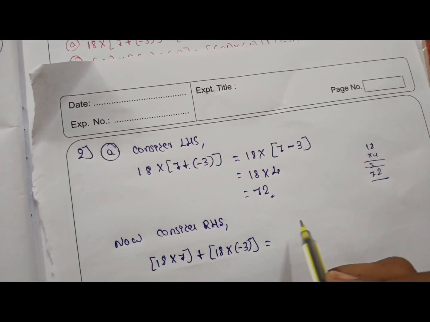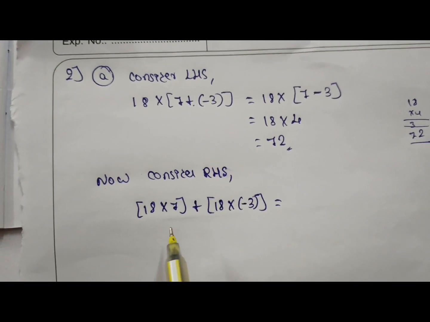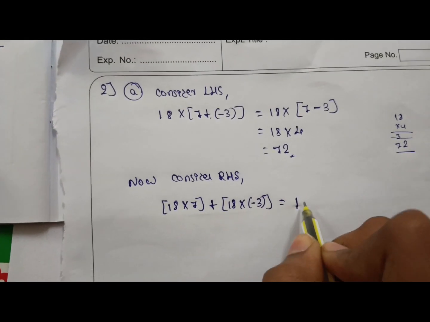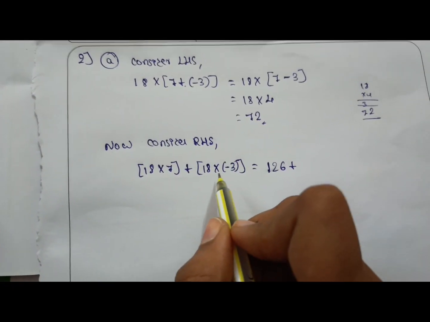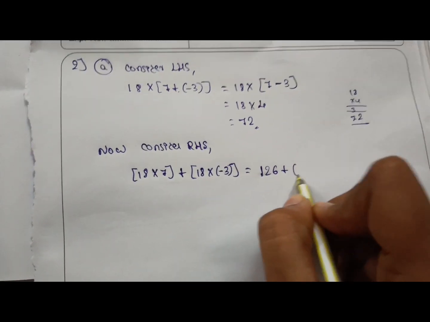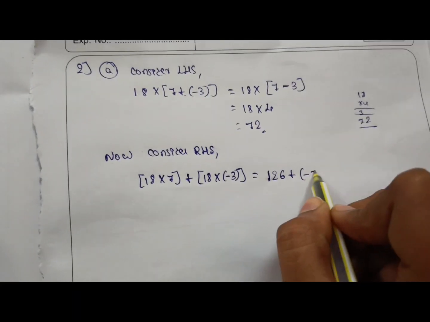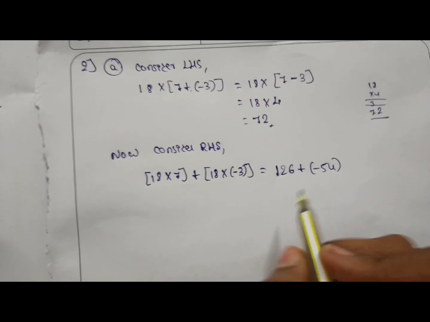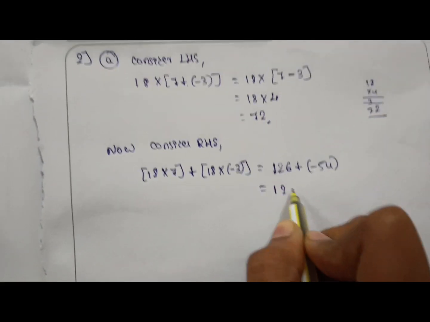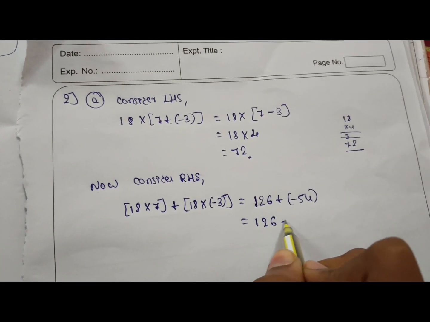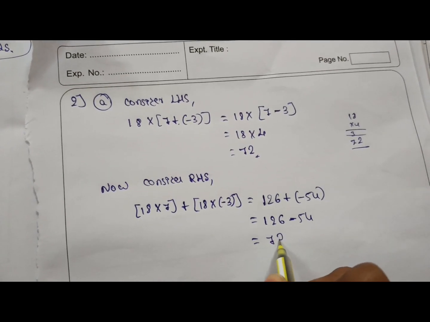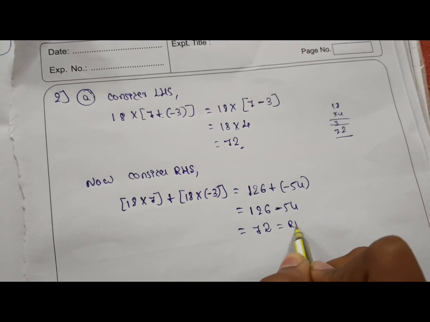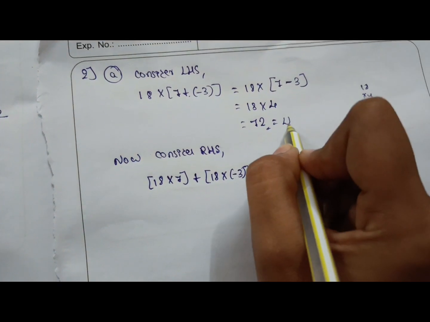This is equal to 18 into 7, 18 7 is 126, plus into minus is minus, 18 3 is 54. So that is equal to 126 minus 54, which is equal to 72. This is the RHS. This is LHS.